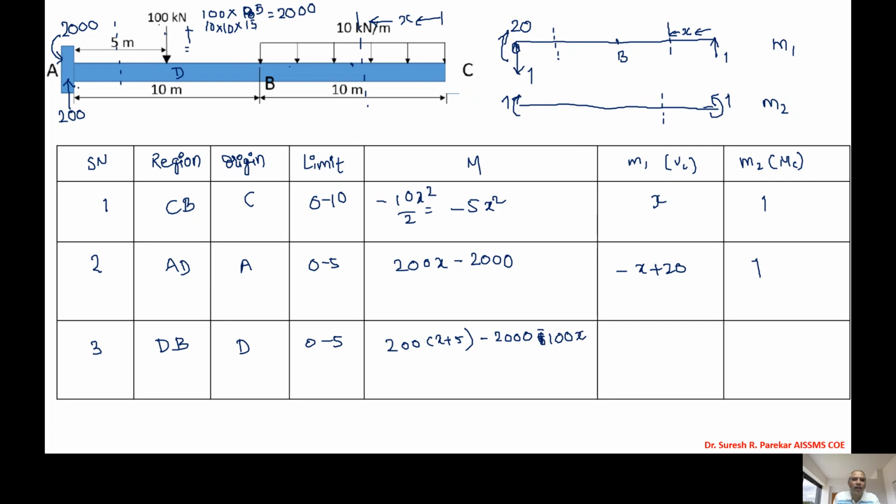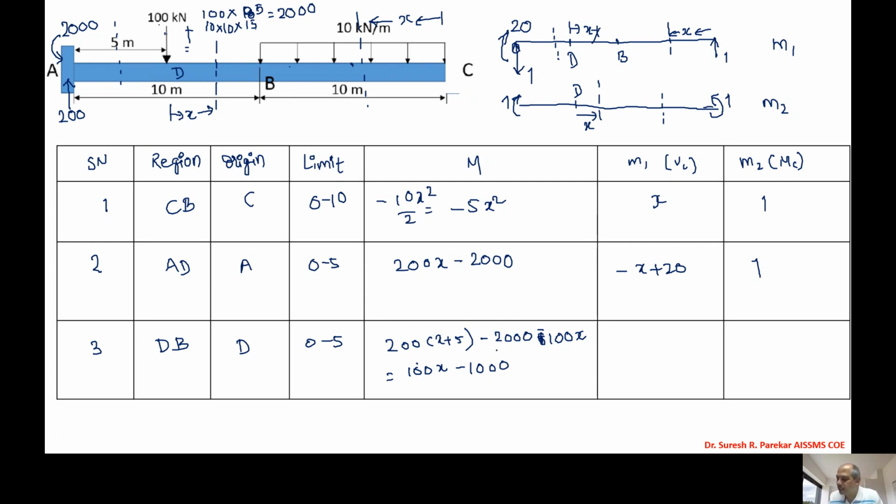So due to 200 we have clockwise plus, due to the moment anti-clockwise minus, due to 100 minus. X we have from D. Here also we have D somewhere here and x is from here. Then we will get it as minus 100x plus 200x, so equal to 100x plus 1000, 200 into 5, minus 2000, so 100x minus 1000.